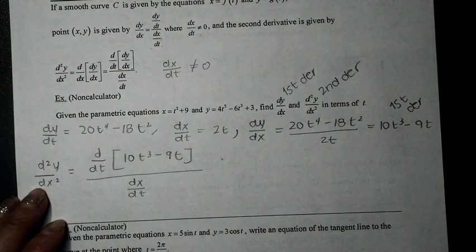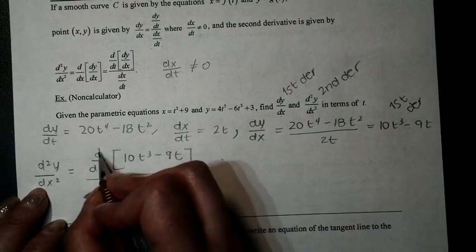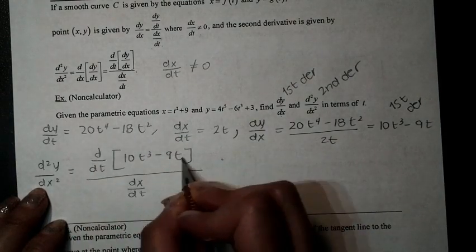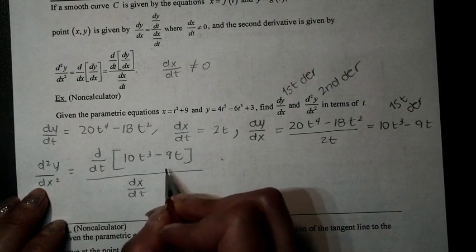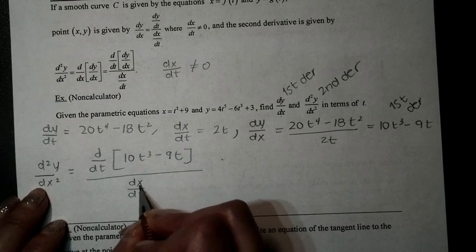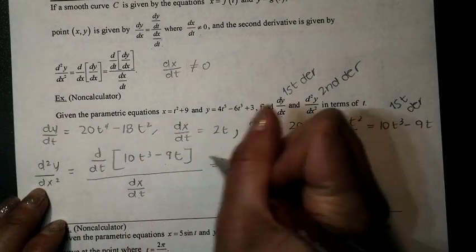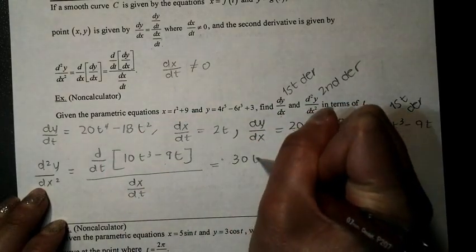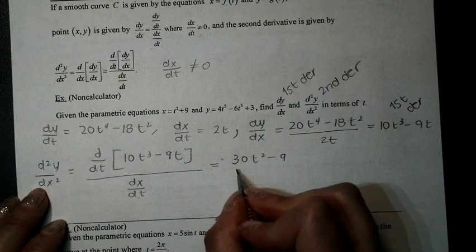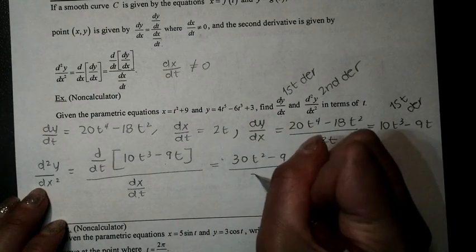But the great thing is, ask yourself, can I find the derivative with respect to t of this expression? Absolutely. Can I find dx/dt? I already have it. It's this one. So you take the derivative of this one, which is going to be 30t squared minus 9, and this is going to be divided by the 2t that we have here.